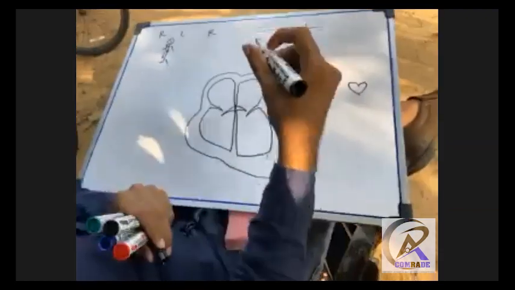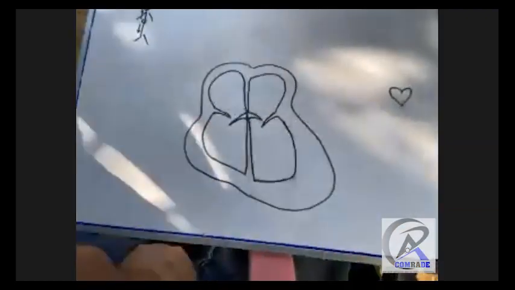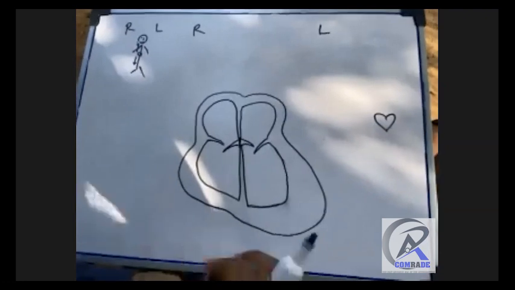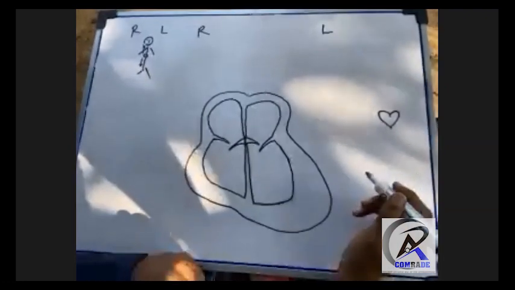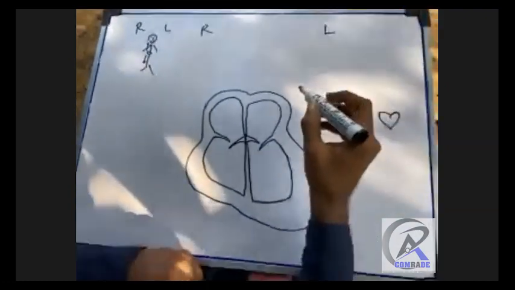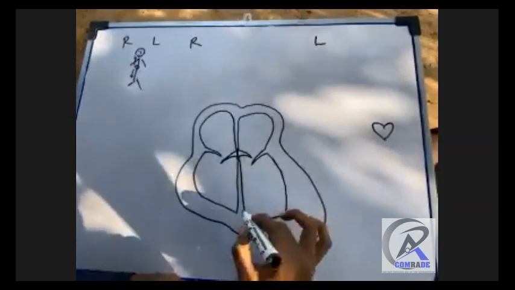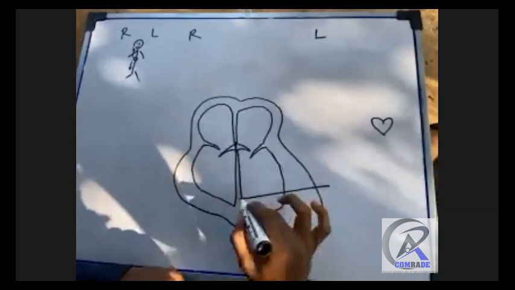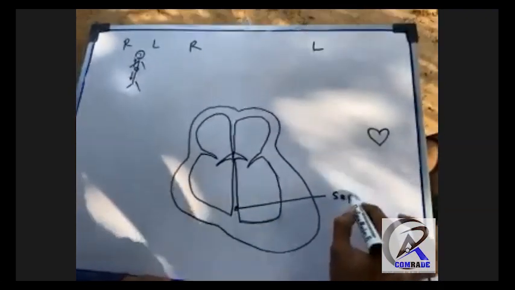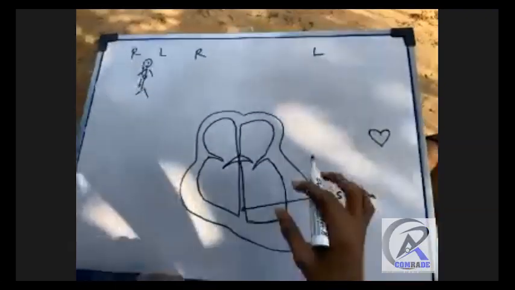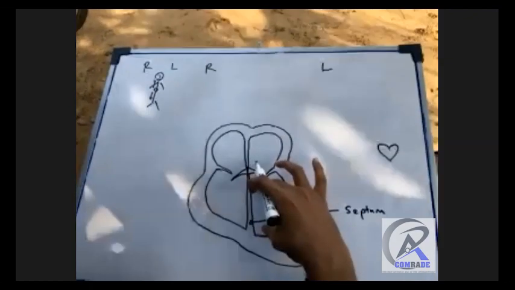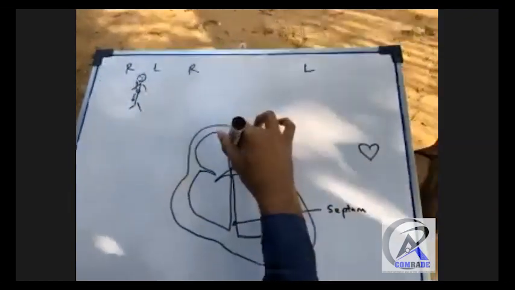Sorry for the inconvenience happening, because I want to set the camera properly. See here, left side, right side. This is called the septum. When it's between this part, there's a name.